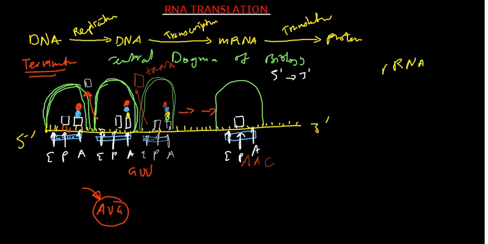Now we have a lot of them which are attached. Let's say we have this one, and that one is also attached. Next, another one is attached there. Another one is attached. Those are all amino acids. Another amino acid was attached at that point, and another, and another.